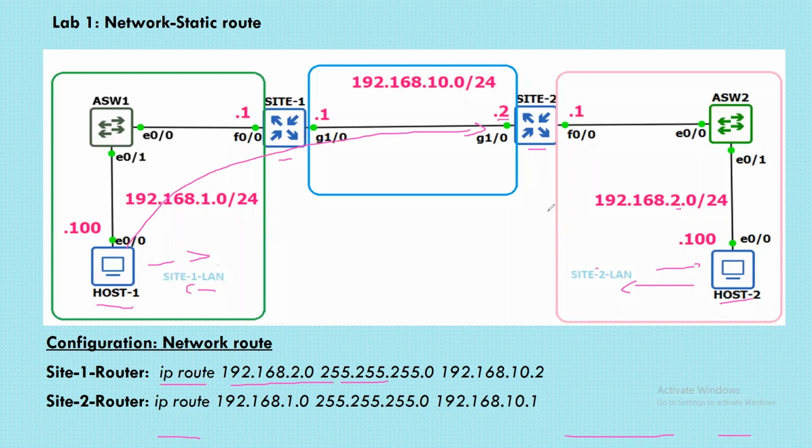And for router 2, to access this network, our next hop is .1. So we have to configure ip route for this so that we can ping between these hosts. We'll do it later.